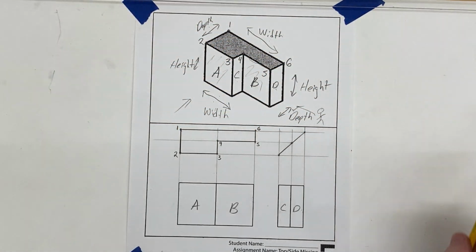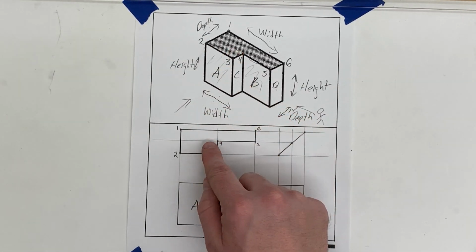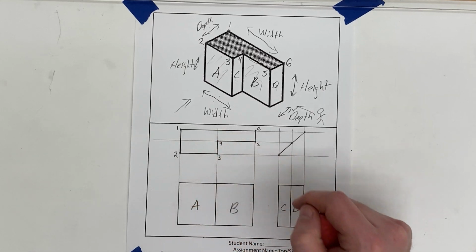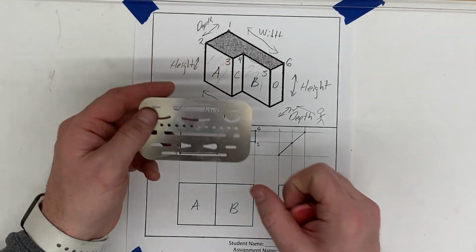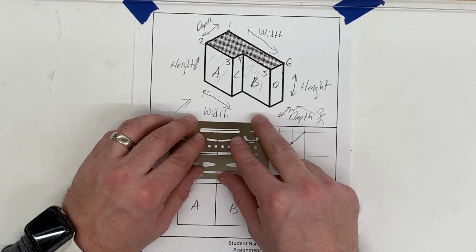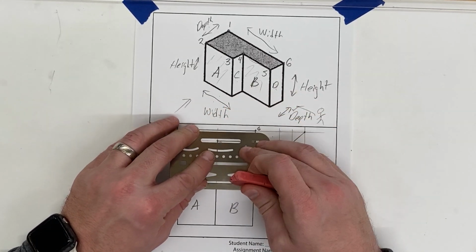So you'll use your eraser shield, and the first step is to clean up the inside if there's no line. So if I look at this 3D view, I don't see this line or this line. So I'll use my eraser shield, find that opening, find the good part of my shape, slide it and cover it up, disconnect. Do that all around your shape.